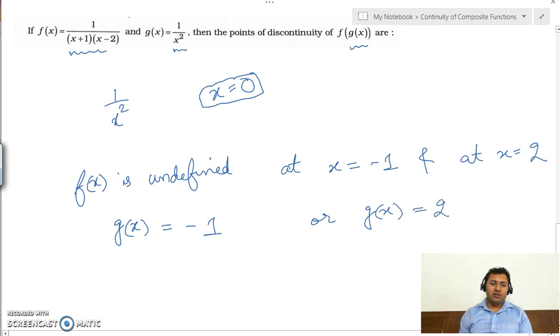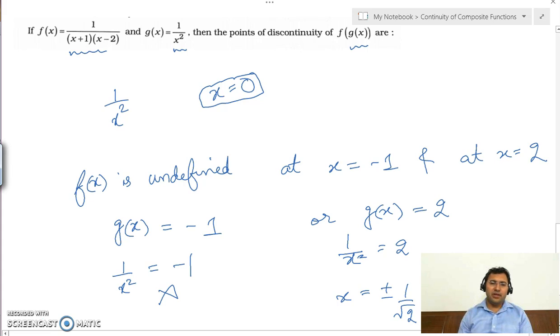So check if g(x) can be equal to minus 1 or g(x) can be equal to 2. If g(x) is equal to minus 1, 1 by x square is equal to minus 1. A positive value cannot be equal to minus 1, so no solution. Now g(x) equal to 2: 1 upon x square is equal to 2, so x becomes plus minus 1 by root 2.